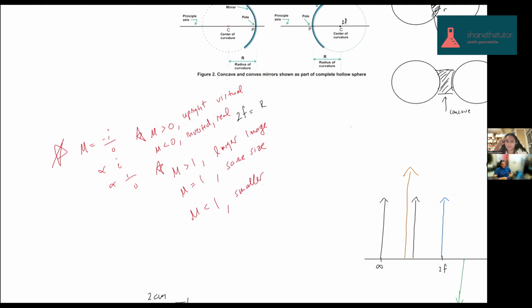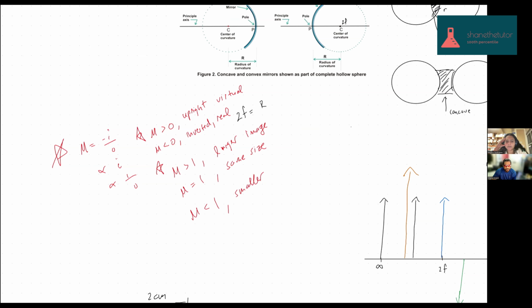That's because magnification has this negative sign in front of it. And we know from this over here that if the image is down, meaning inverted, it's negative.